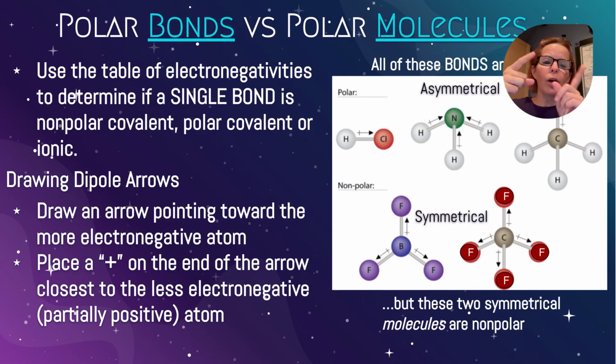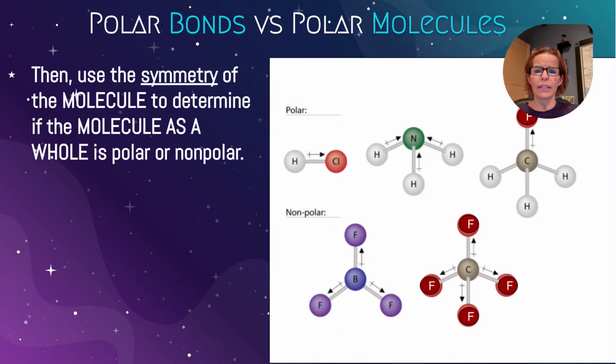Sometimes the pull one direction or the other cancels out, and even though they're polar bonds, we end up with a nonpolar molecule. Nothing happens because they cancel each other out. So these are things that you're just going to kind of have to memorize and get the hang of. So let's see if we can say this. It says, use the symmetry of the molecule to determine if the molecule as a whole is polar or nonpolar.